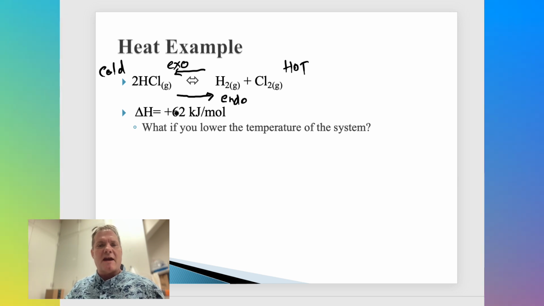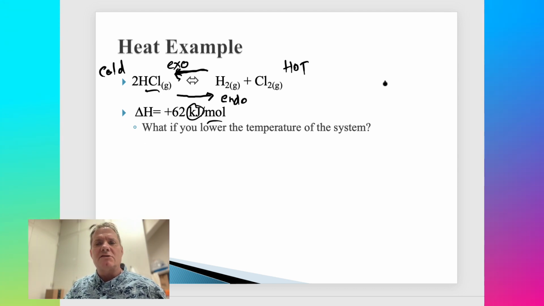So in this particular reaction, the delta H is positive 62 kilojoules per mole. That's the amount of energy gained per every mole. What would happen if I were to lower the temperature? Well, obviously lowering the temperature is going to favor the exothermic process. So what's going to happen in this case is it's actually going to shift towards the left, increasing the amount of HCl in that reaction.